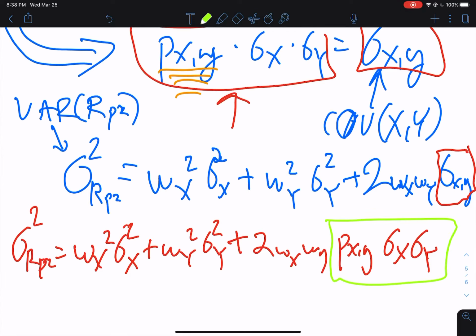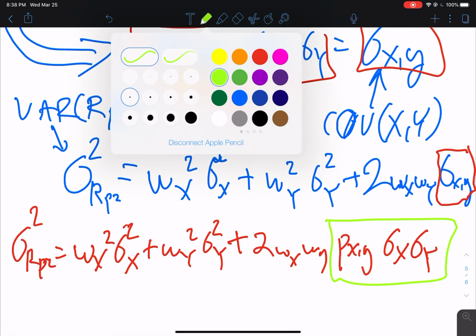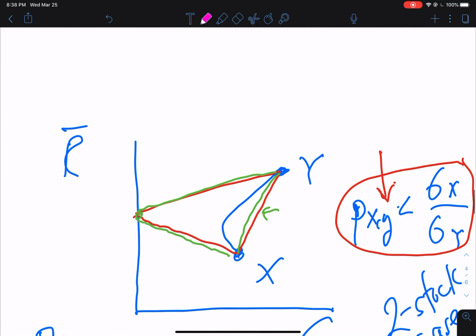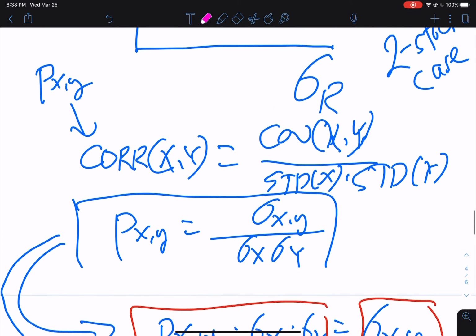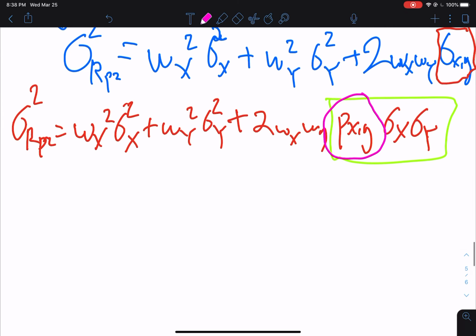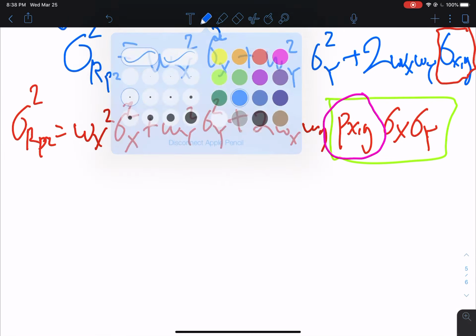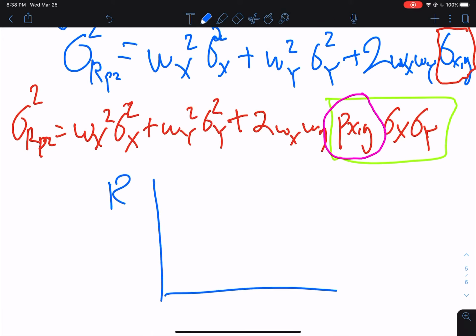Okay. Well, having said that, we're going to see that it is this term that has a lot to say about where the feasible set lies in that triangular area that we talked about before. Let's see how it works. Okay, so we'll draw the two space, mean historical returns, standard deviation of returns historically, and x and y.